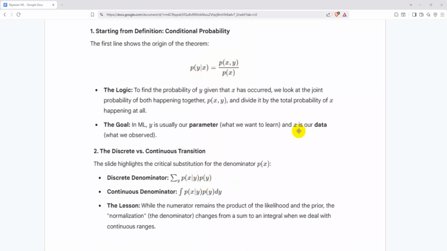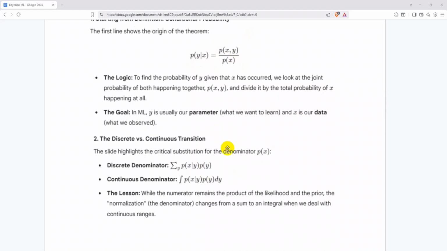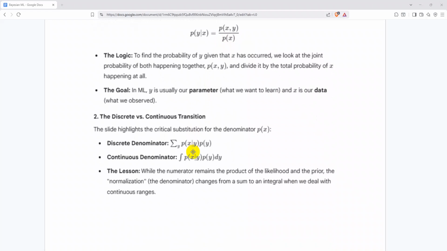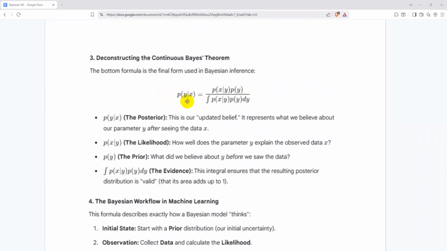And now comes the important transition. The denominator probability of x is not just a simple value. From what we discussed earlier, it is calculated using the law of total probability. In discrete cases, it was a summation, but in continuous cases, it now becomes an integration. So the full formula used in Bayesian inference is this formula.